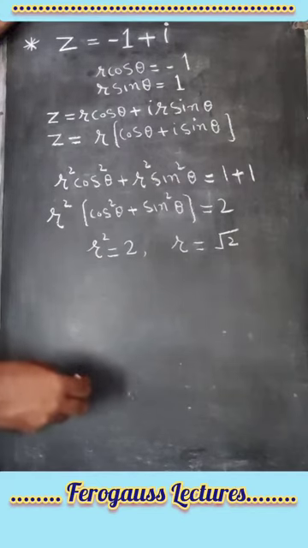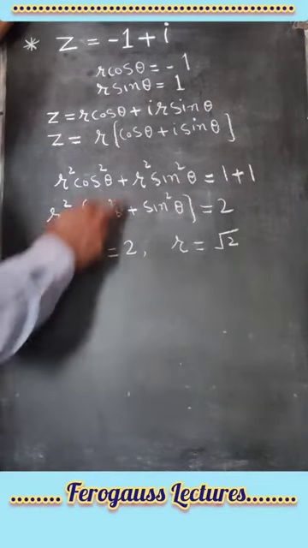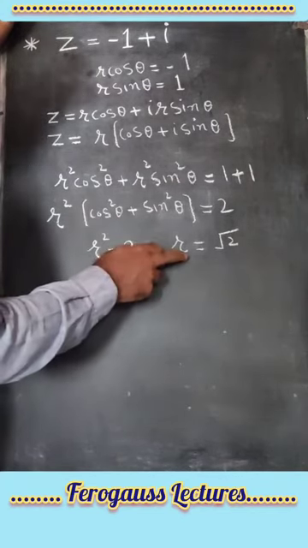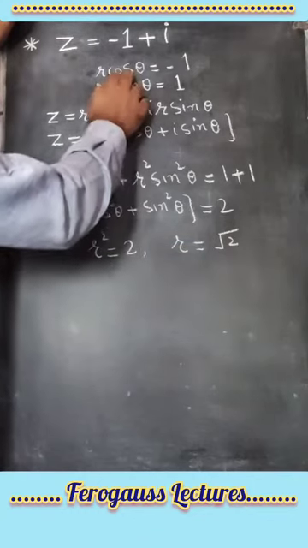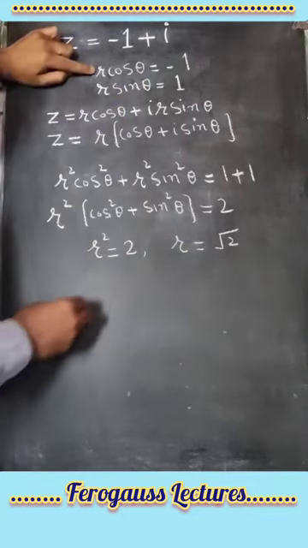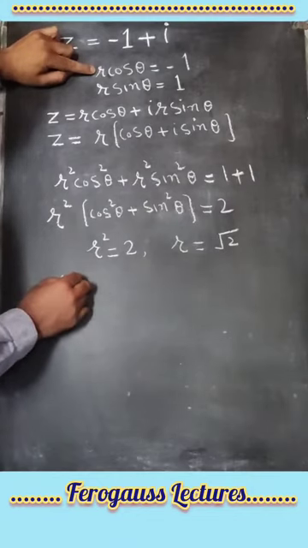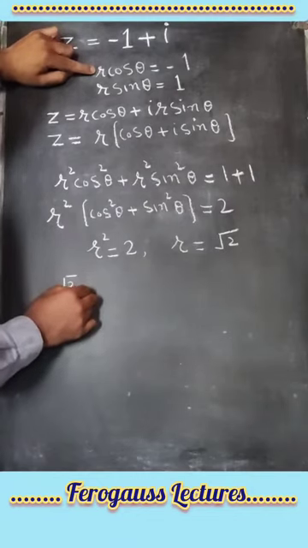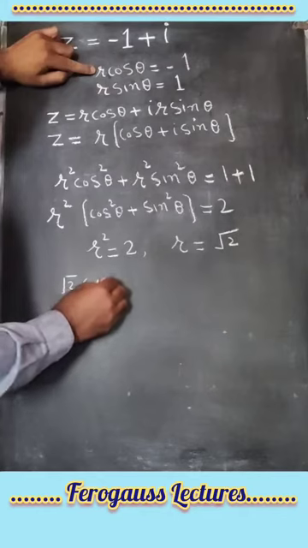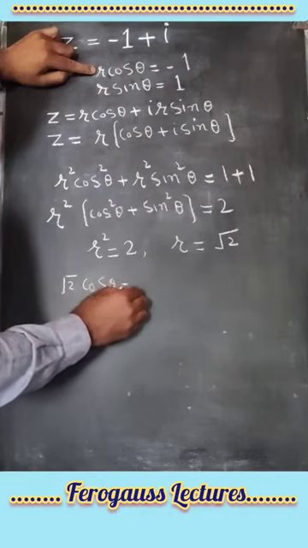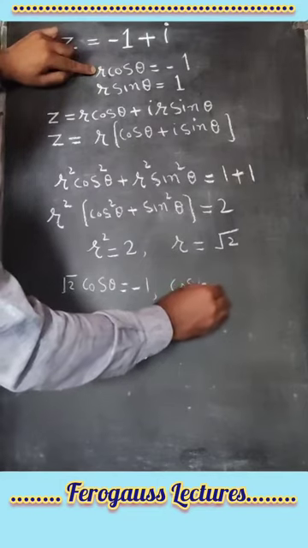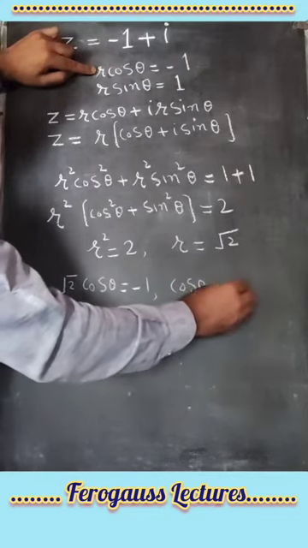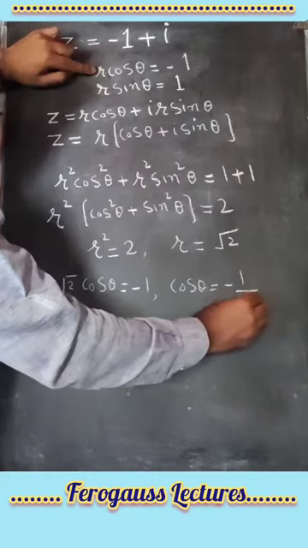Okay, now we have to find theta. For that, we use r equal to square root of 2 in these two equations. Now here instead of r we can write square root of 2 cos theta equal to minus 1, or cos theta is equal to minus 1 by square root of 2.